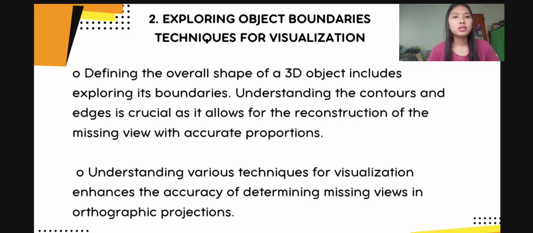The second strategy is to identify the boundaries or the outer shape of the object. If we understand the outline from the front view and the outline from the top or side view, we can combine this information to create the missing view.